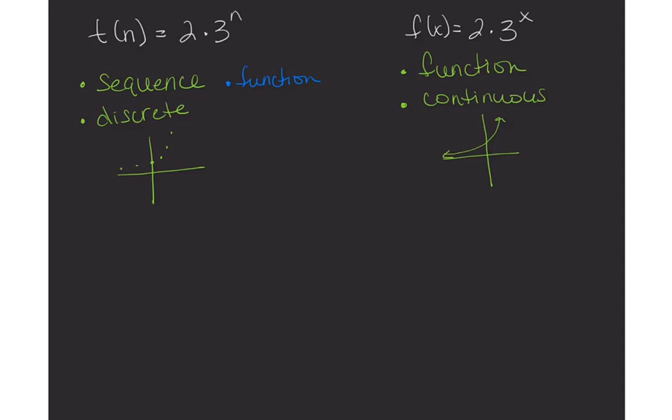So it's that 1-to-1. The difference between the sequence and the function in this situation is one is discrete and one is continuous. Okay.